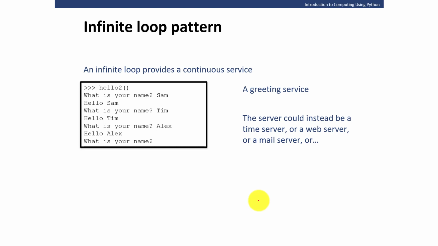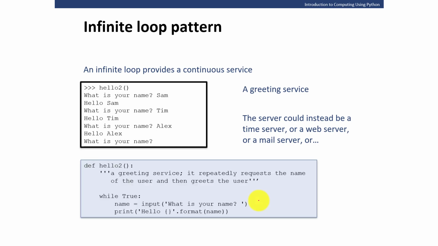So to implement function hello2, what we're going to do, guys, is say while True, input the name and print hello, and then we reference the function format, and we put the name inside the curly brackets, okay?